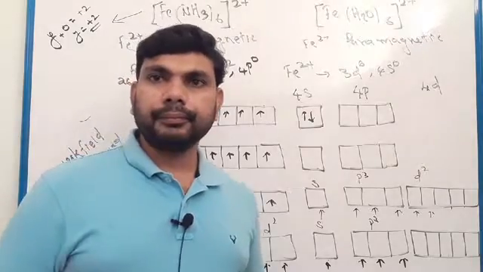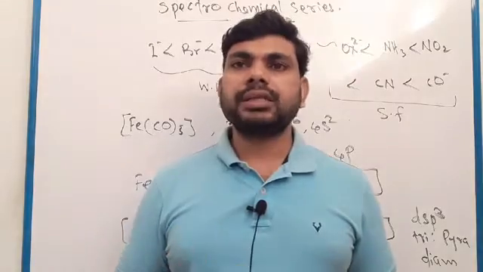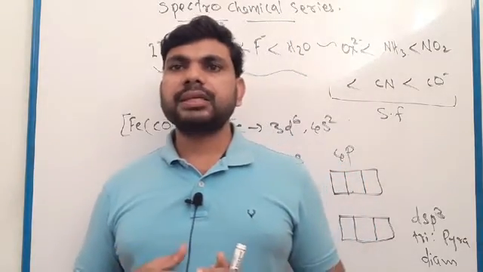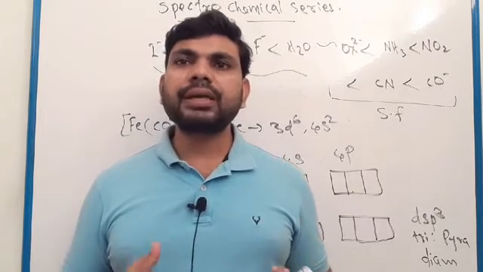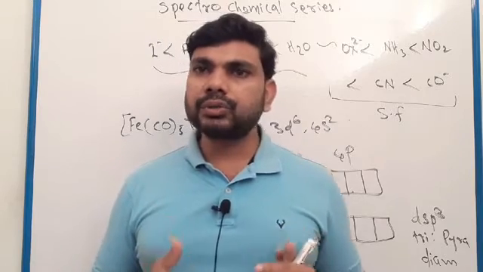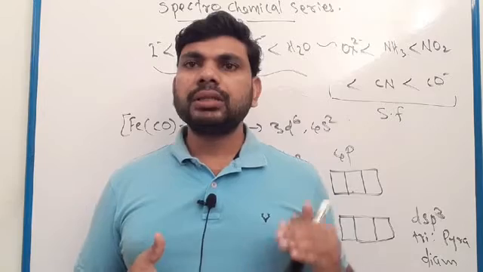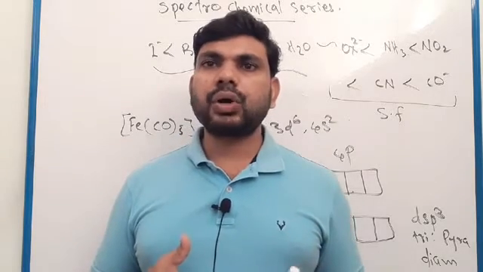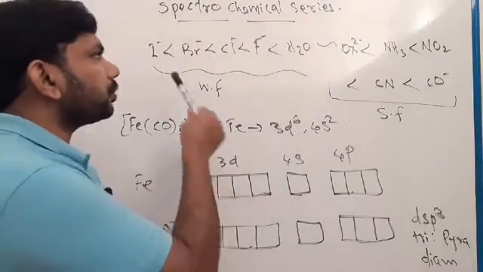Clear? Next we have to discuss the spectrochemical series. Spectrochemical series means arrangement of ligands according to their strong field and weak field character. So look here, this is the spectrochemical series.